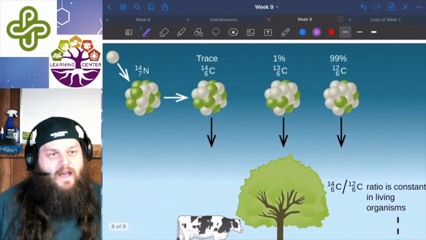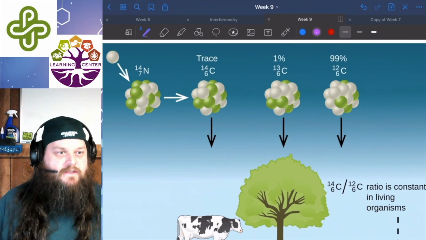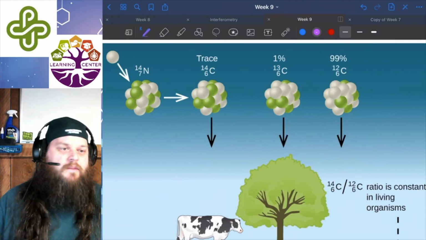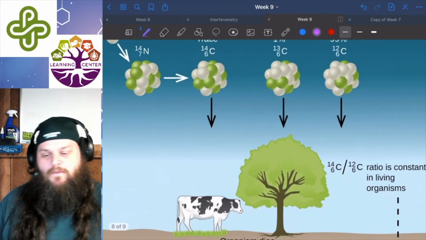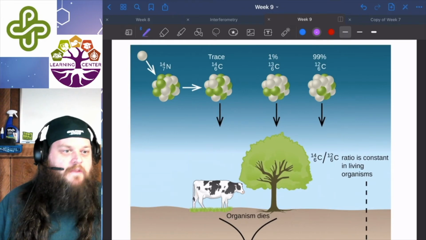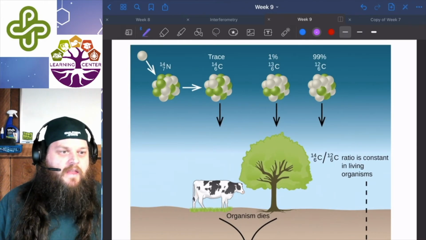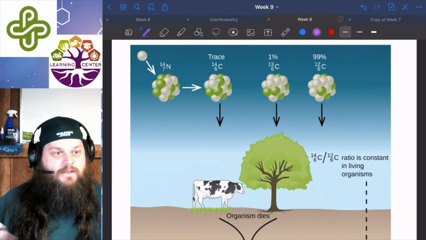As that happens, that carbon turns into CO2, which is then carbon-14 CO2. And eventually that carbon-14 does decay down. But there's a certain percentage and ratio of it in our atmosphere at all times. That ratio also gets taken in by the plants.